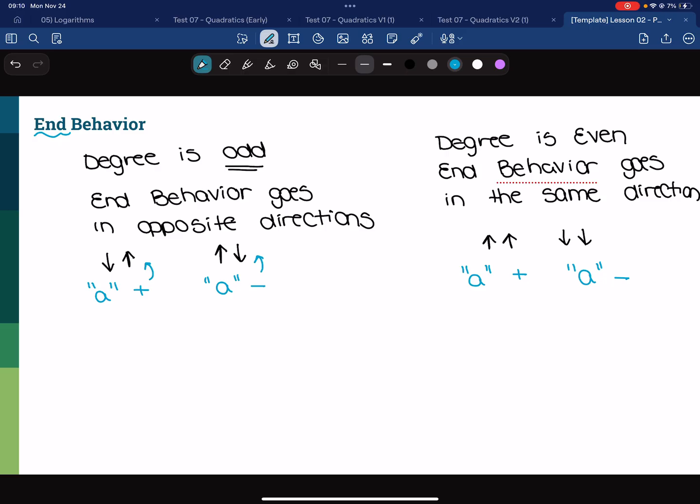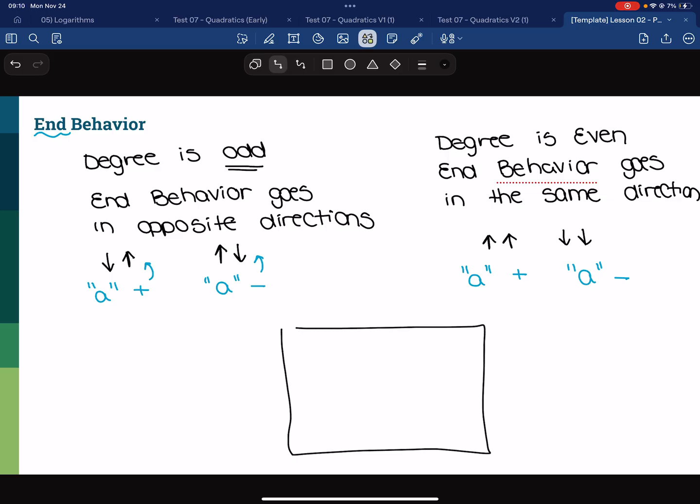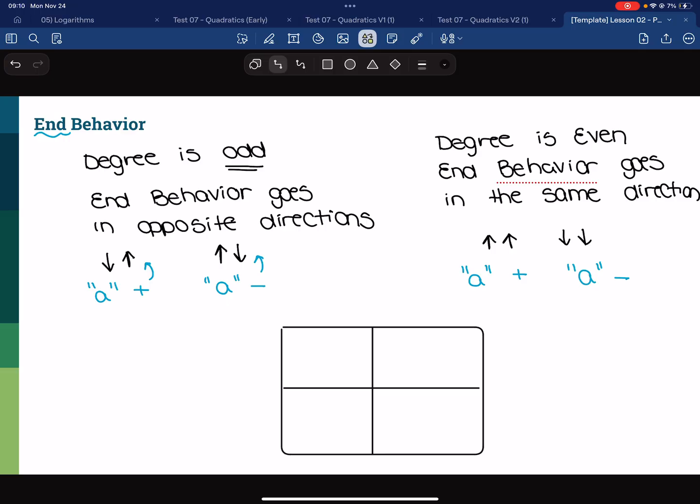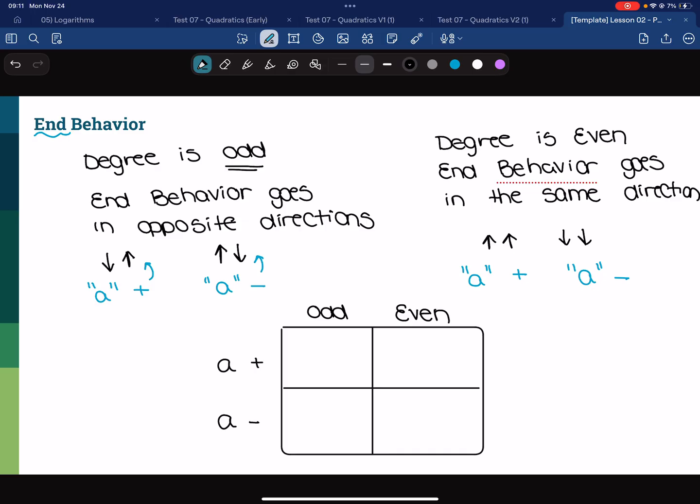So what people will do to help themselves with this is make a little chart, because there's not too many scenarios that can happen. But again, two big factors. We're either dealing with an odd or an even degree, and we're either dealing with a being positive or a being negative.